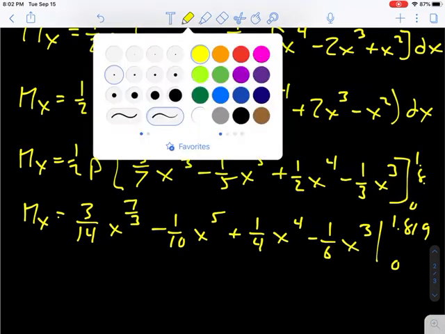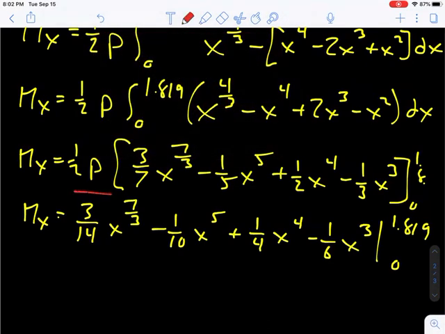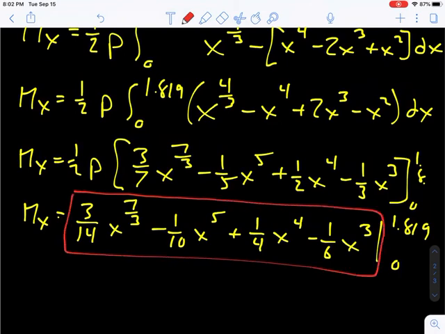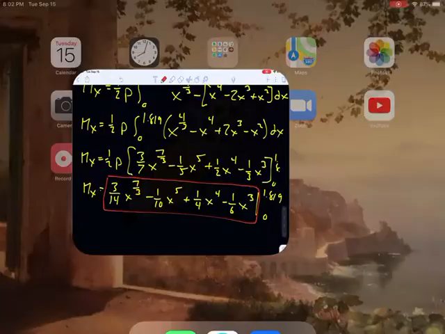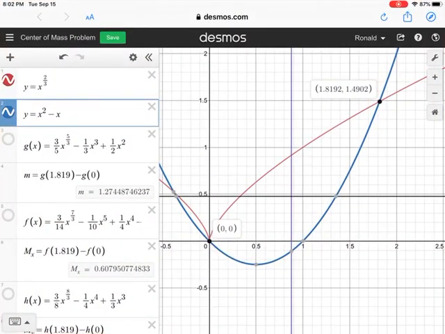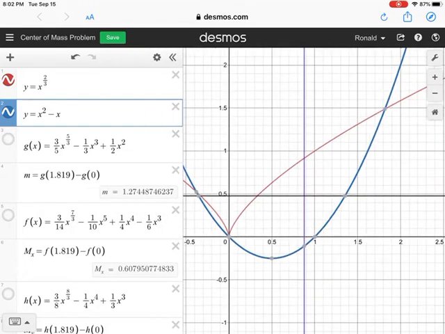So again, I'm going to take this and put it into Desmos. And I believe in Desmos, I called it f of x. Yeah, f of x is 3/14 x to the 7/3 minus 1/10 x to the 5th plus 1/4 x to the fourth minus 1/6 x cubed.